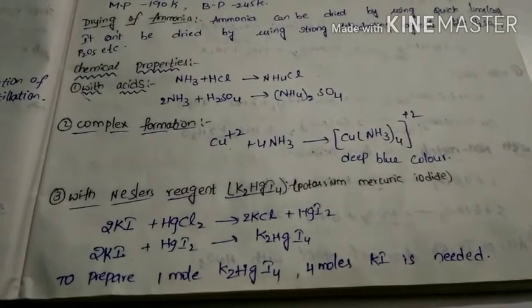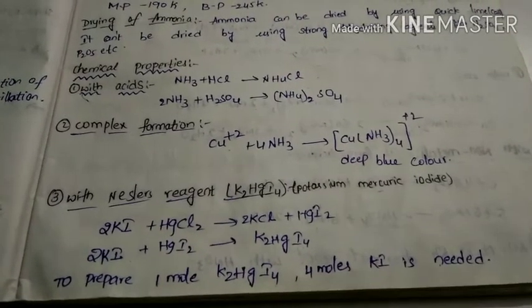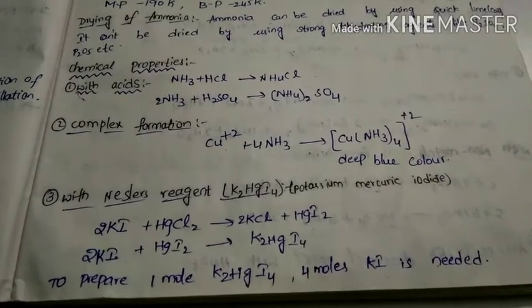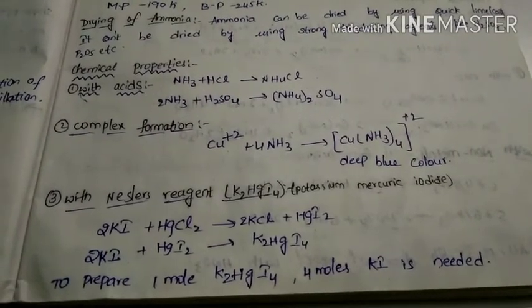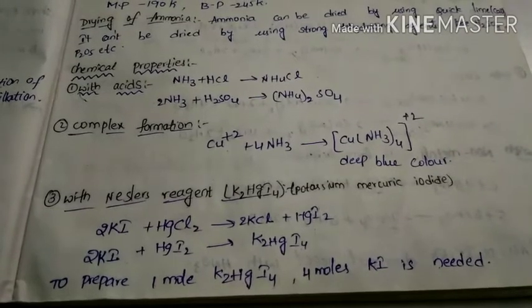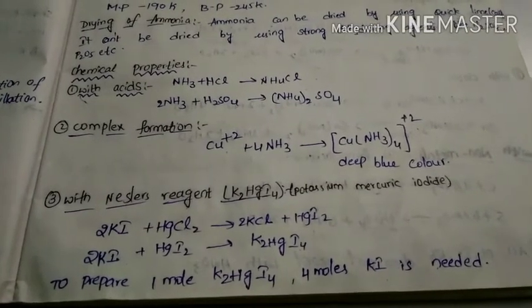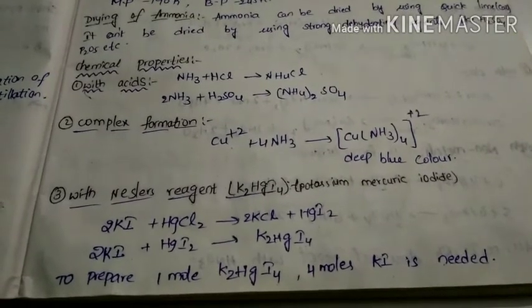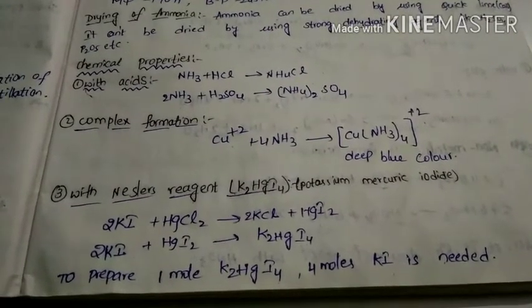To make 1 mole K2HgI4, 4 moles of KI are needed. To make 1 mole KI, how many moles of K2HgI4 are needed? So what is the answer? 1 by 4 moles of K2HgI4 needed. So we may face such types of questions at competitive level.